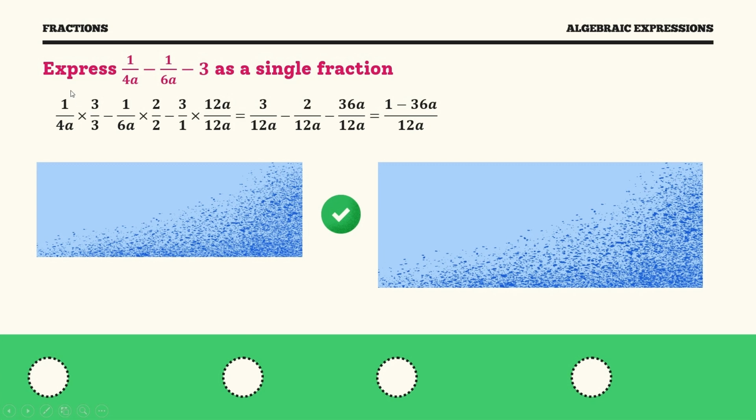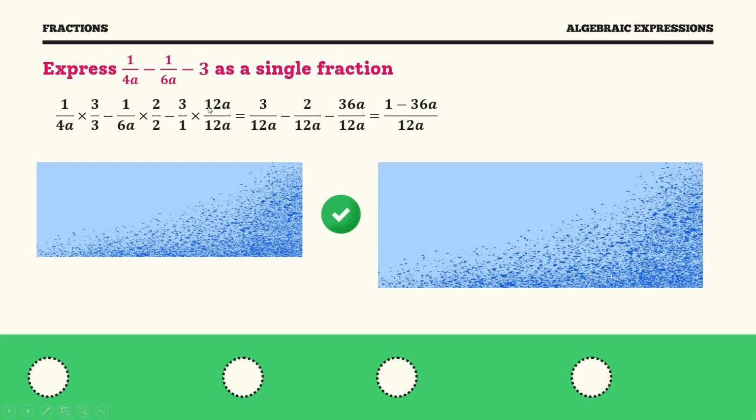For 1 over 4a, we times it with 3 over 3 to make the denominator 12a. And 1 over 6a, we times it with 2 over 2 to make it 12a. And last, 3 in fraction form is 3 over 1.